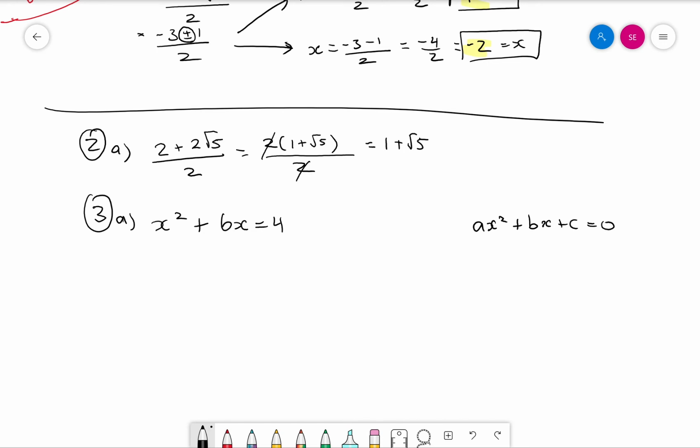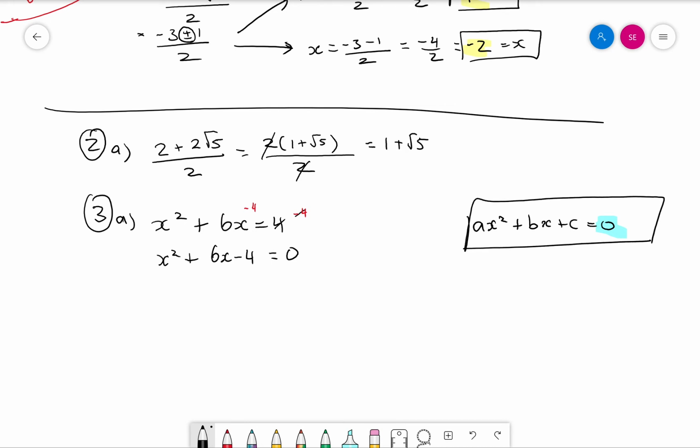That is, we want 0 here on the right hand side. So what we can do is take 4 on both sides, so we'll get x squared plus 6x minus 4 is equal to 0.